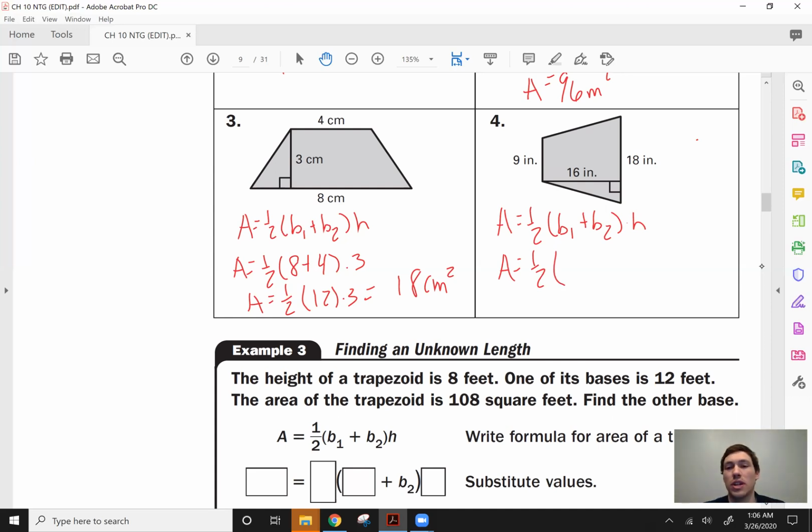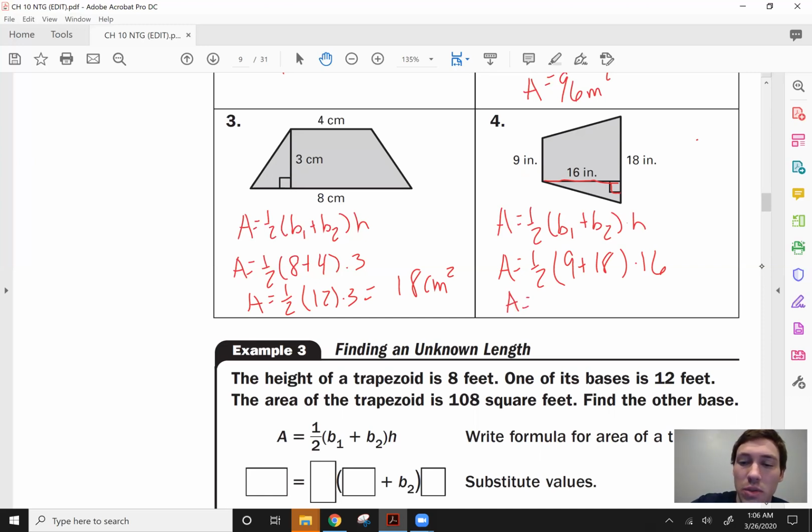And this last one, area equals 1/2. Now don't get fooled here. Remember, the bases are the parallel sides. So this is just 9 plus 18 times my height, which is 16, because this is the distance from one parallel side to the other, the perpendicular distance to be exact.